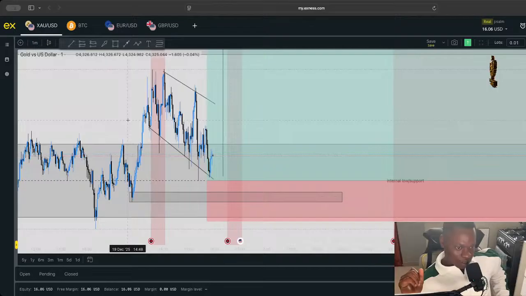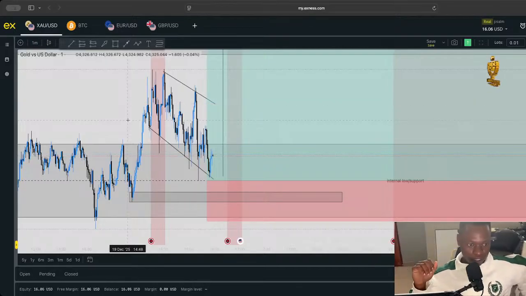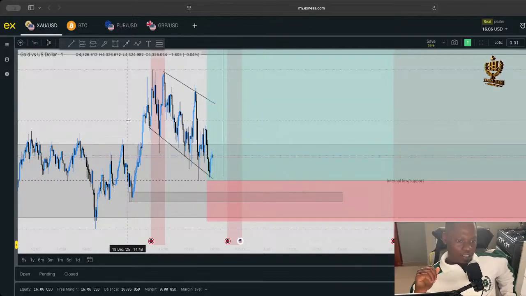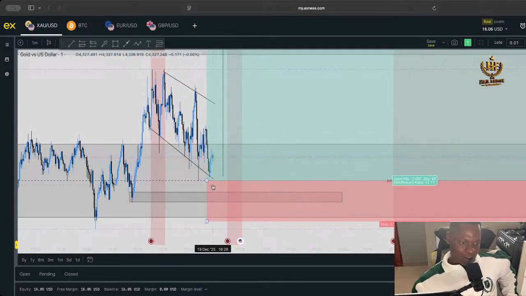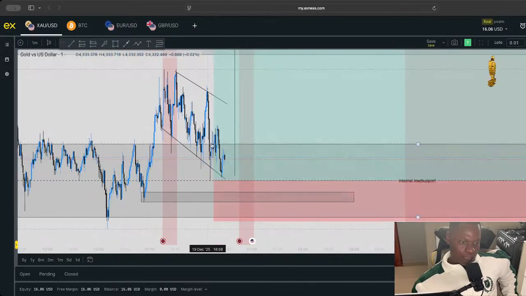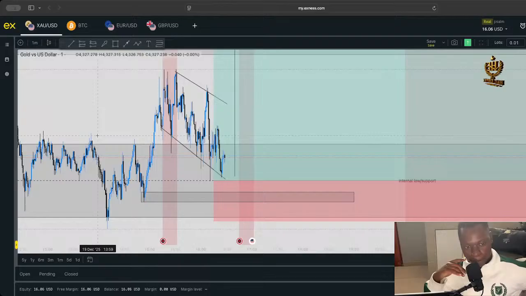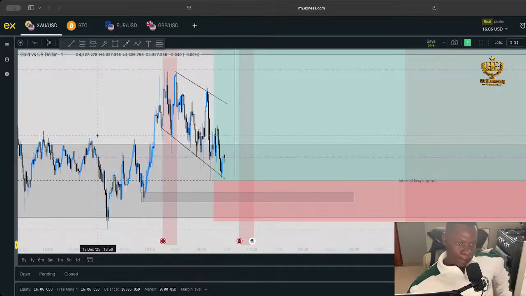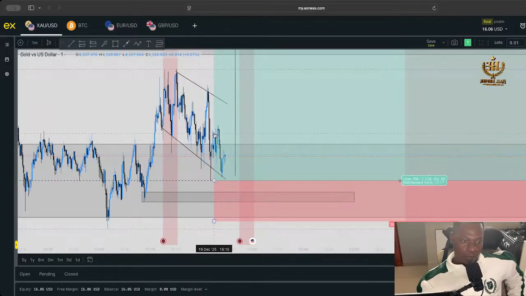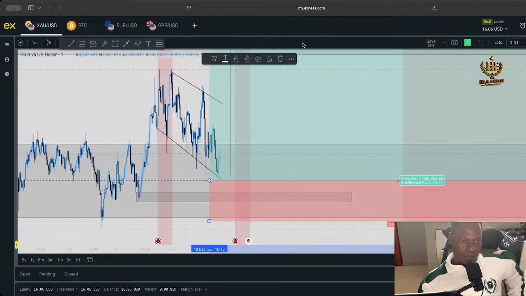Another candlestick has formed. Let's see how that one reacts. If it taps again on my level, I'm going in. And if it closes above here, I'll be taking a buy.